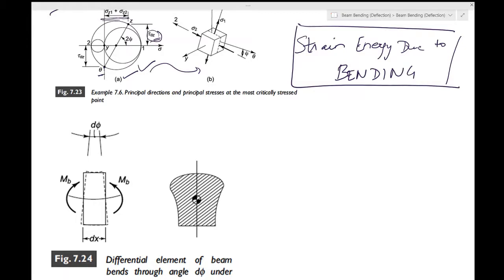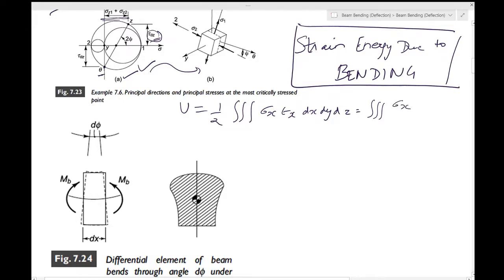So according to equation 5.17, the total strain energy is equal to half integral of sigma x epsilon x dx dy dz, or for a linear elastic solid, sigma x squared by 2E dx dy dz.